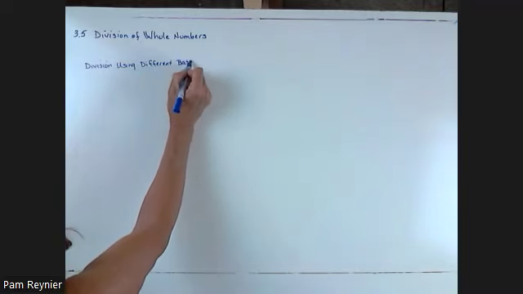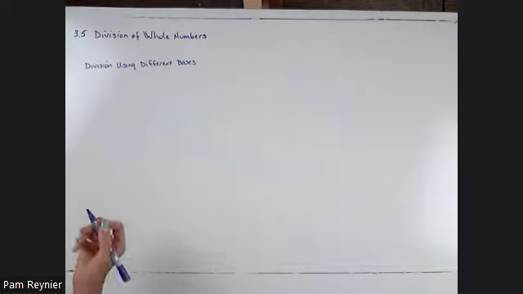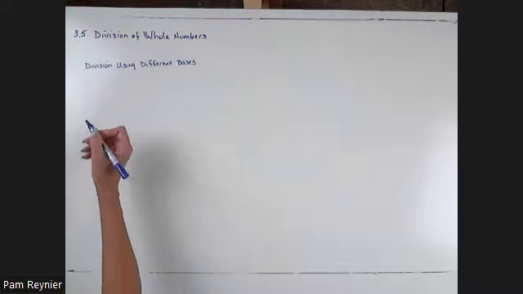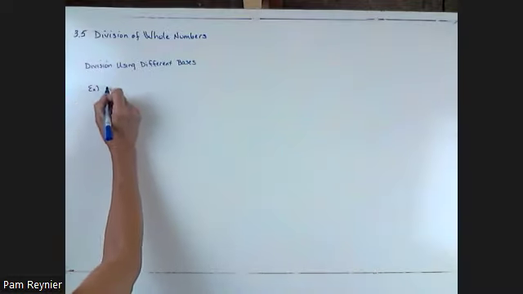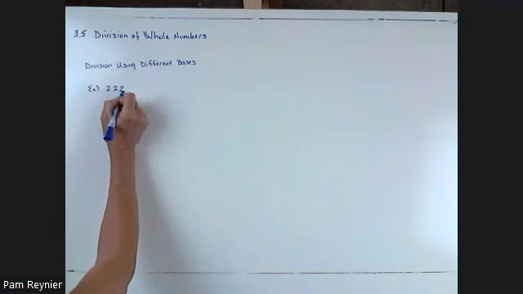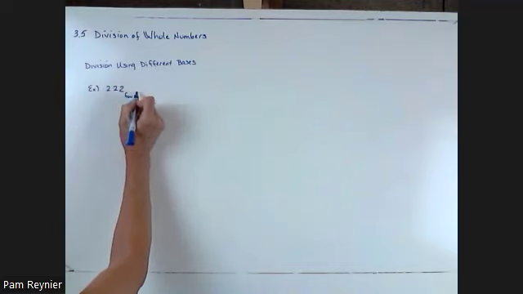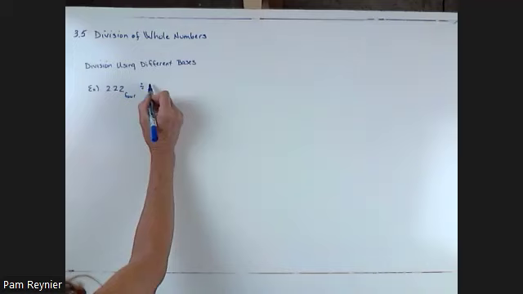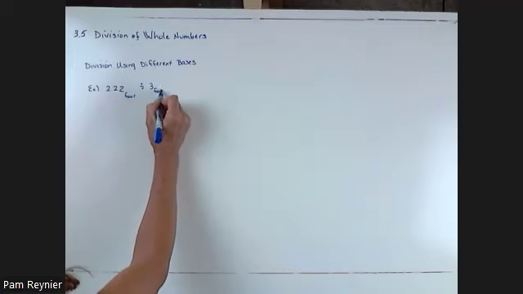This helps explain the why. Why do we do it? So I'm going to start with 222 base 4 divided by 3 base 4.